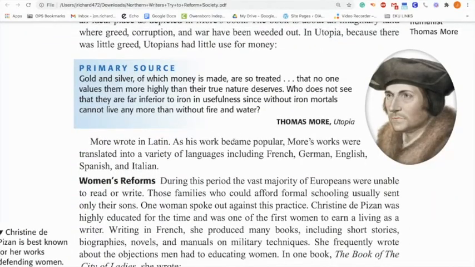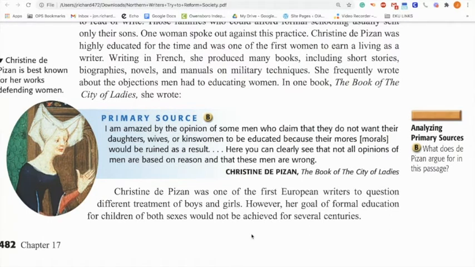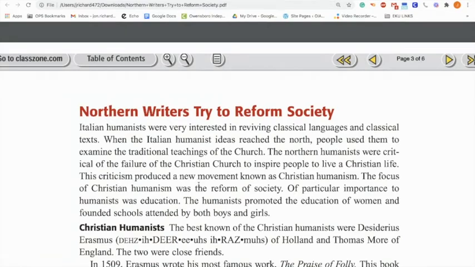This idea to use the vernacular, using the native languages of the people so more people could read. And then finally, this challenge to women's availability to education and the fact that women should be more on an equal playing field with men. So right there's four examples for you. So you can very easily answer that first question.